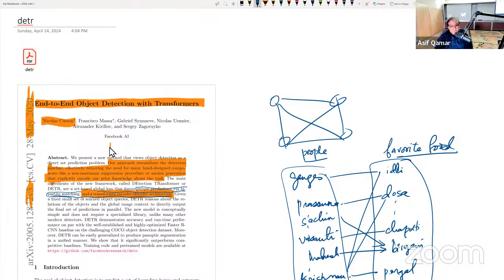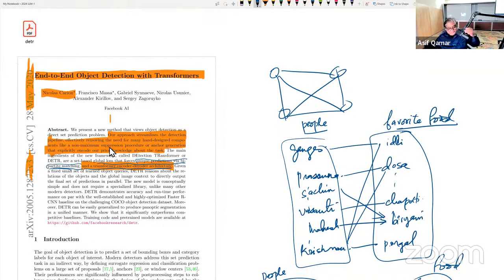Now, why in the world would you do that? It turns out that it has to do with the mechanics of this algorithm. Now, the next statement says, given a fixed small set of learned object queries, and that itself is again, you can see that there's a style which is meant for research writing, and there's a style that is meant to be expository or didactic, pedagogical.